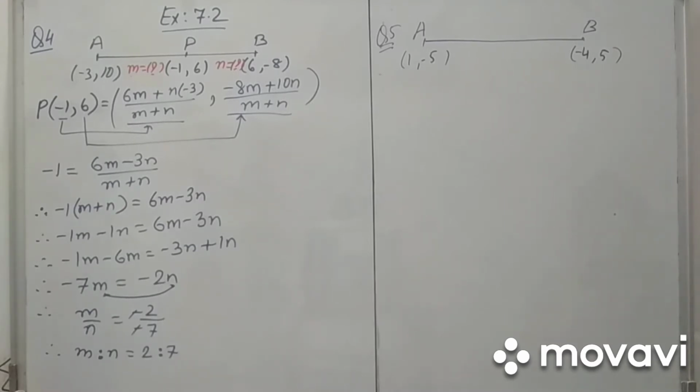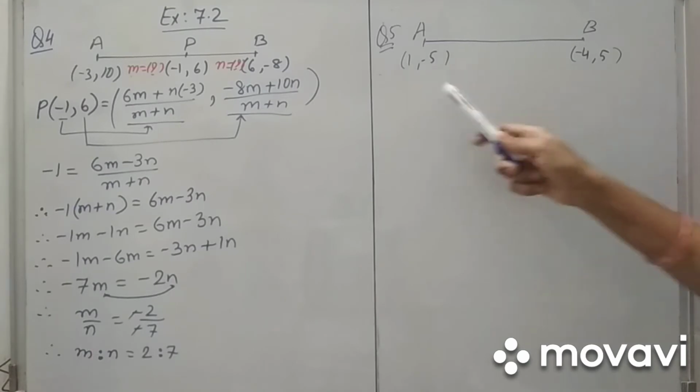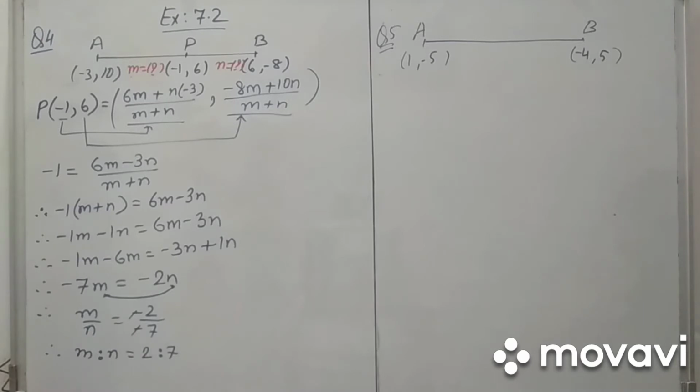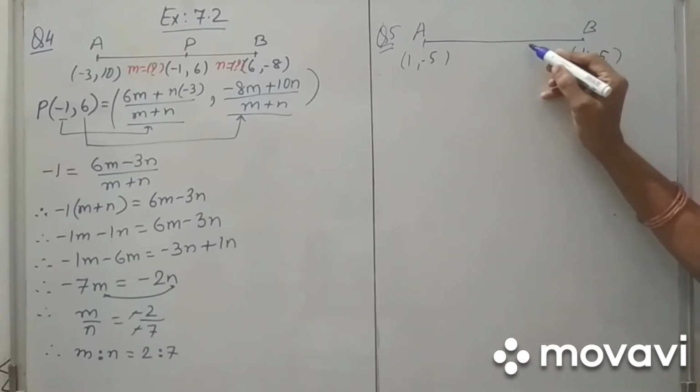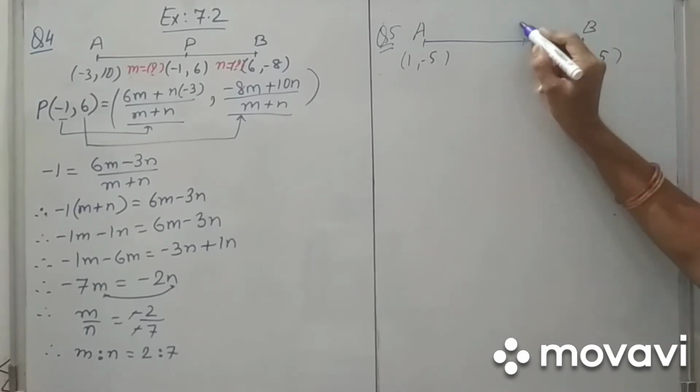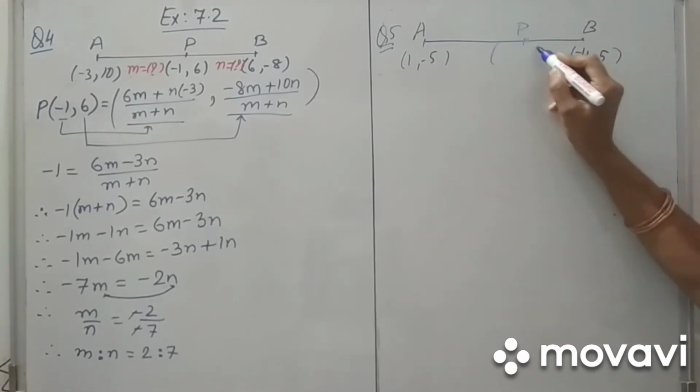Means somewhere the x-axis is passing here and it is dividing, and that is my point P.